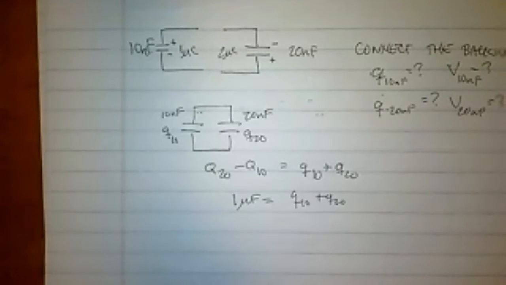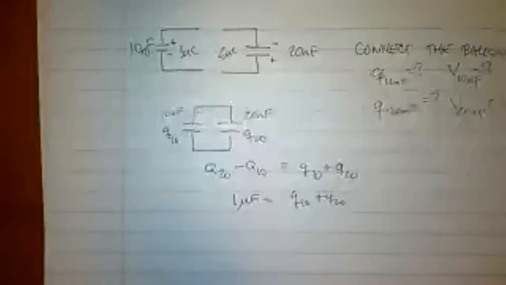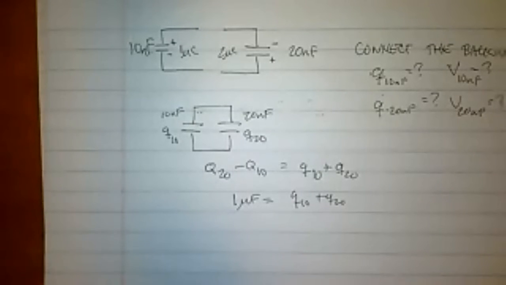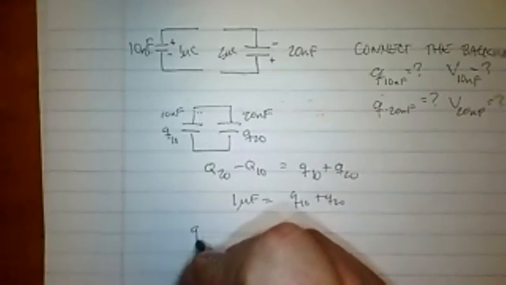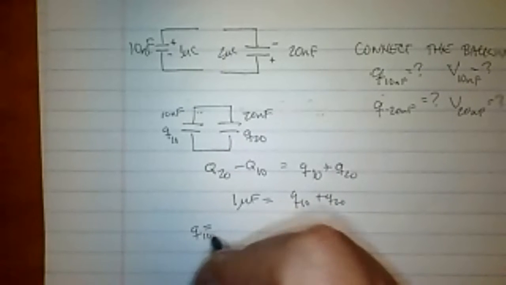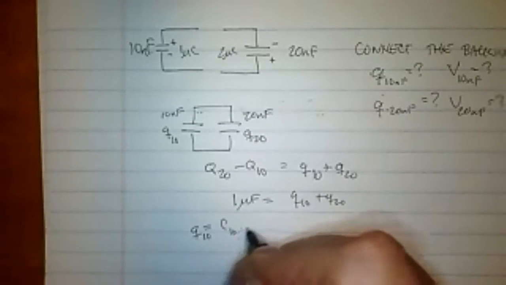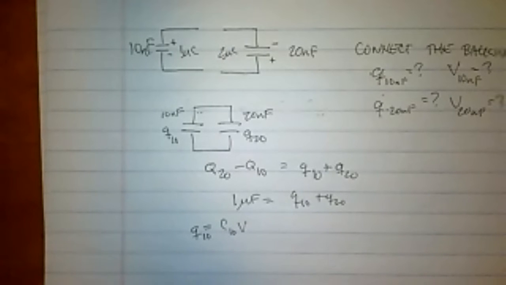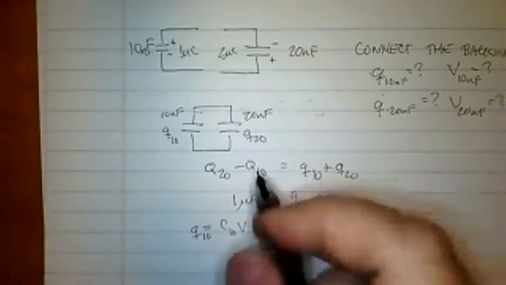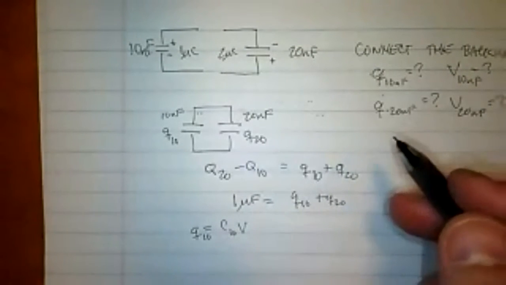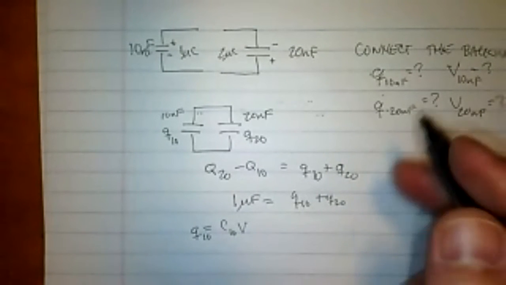But I also know that the voltages have to be the same. Specifically, Q10 has to equal C10 times V. And the V is not going to be the 100 volts that we had earlier, by the way. It's going to be something else.